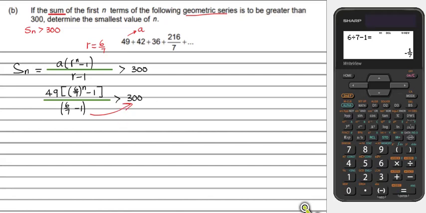Which means I'm going to have 49, and then still in the square brackets, 6 divided by 7 to the power of n minus 1, and then the inequality changes the sign. Remember, negative 1 over 7 must be multiplied by the 300.